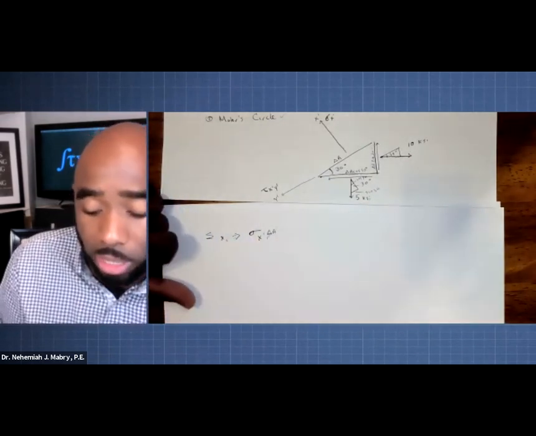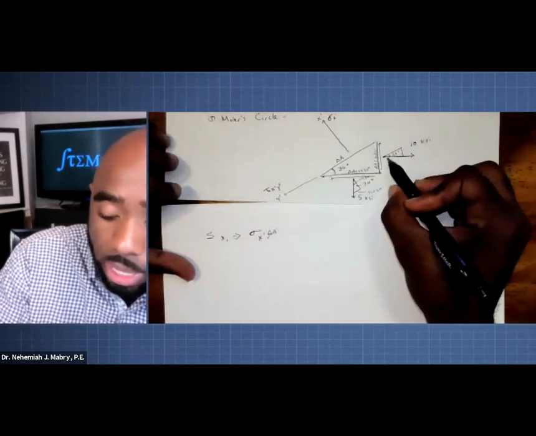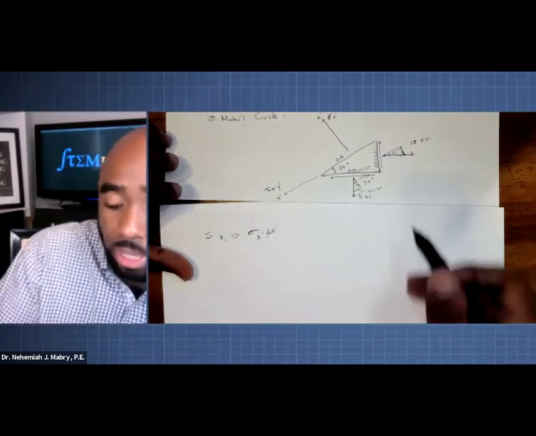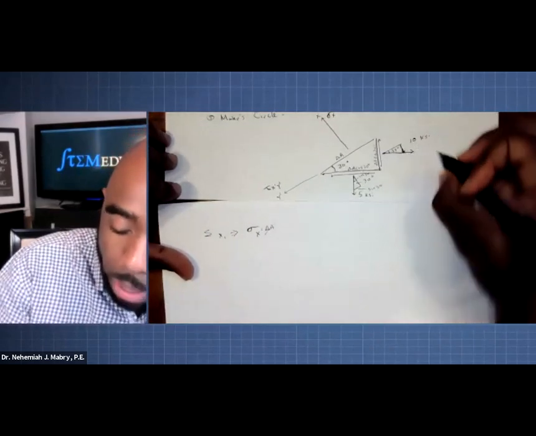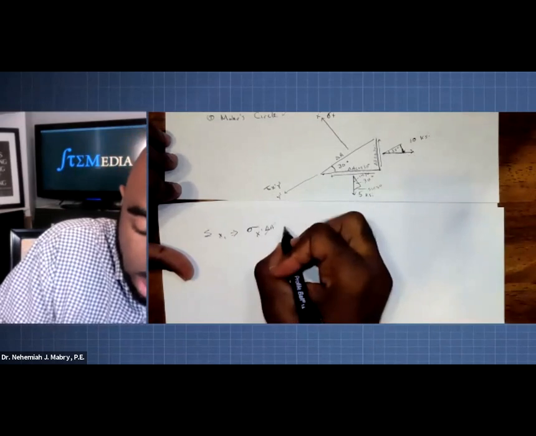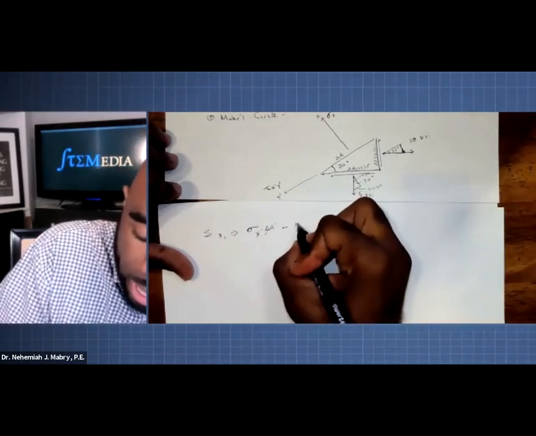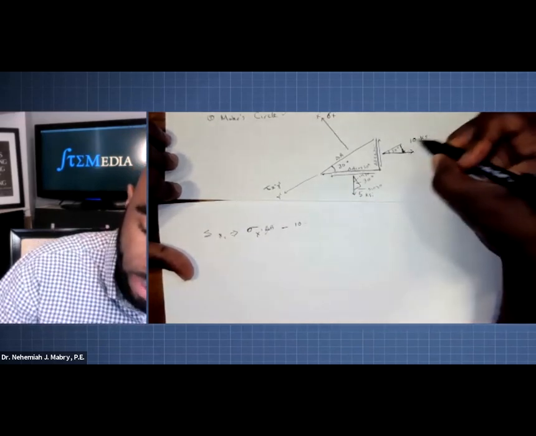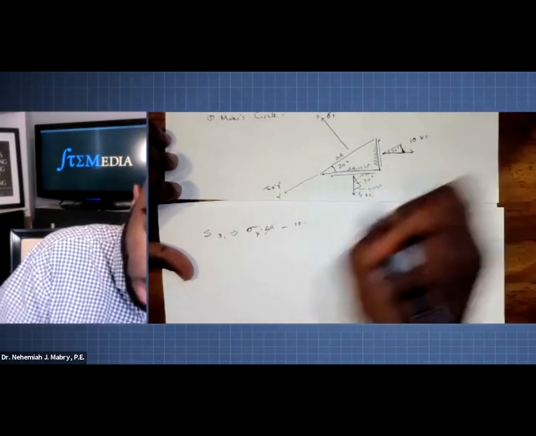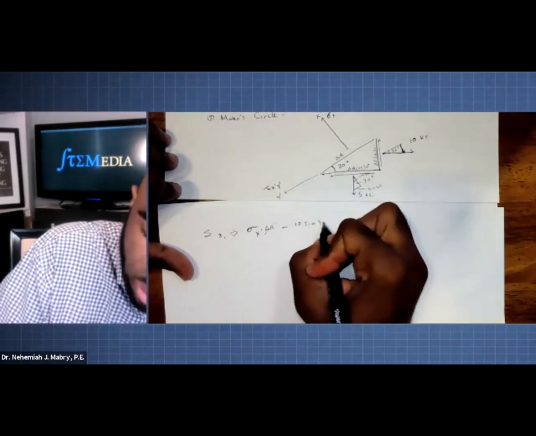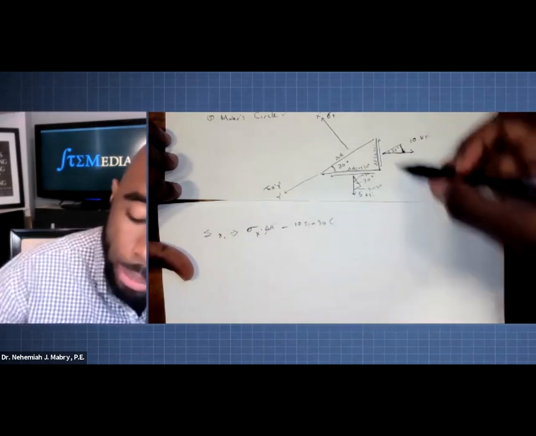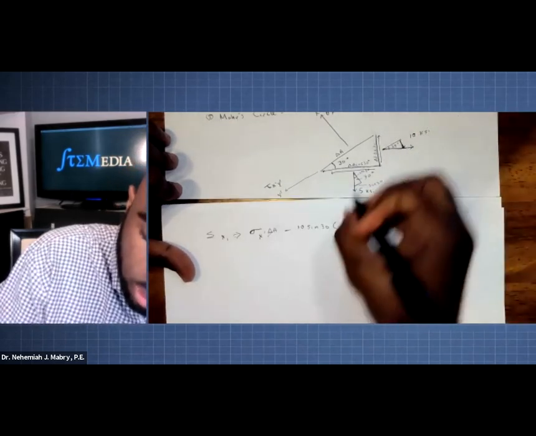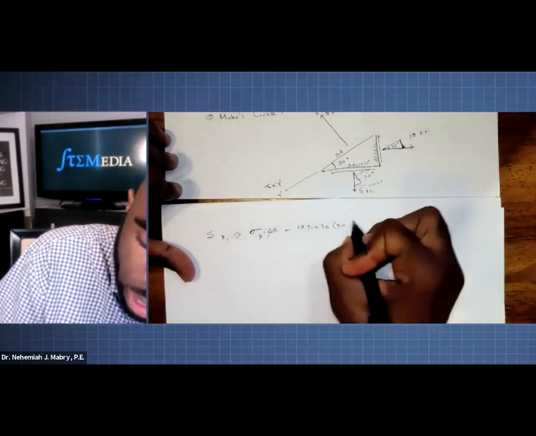Then, what component is helping in this direction? I know that this hypotenuse is creating a negative. So I'm going to say negative 10 KSI times sine 30, times the face that it's on, which is another sine 30. Again, we're not writing the delta A.